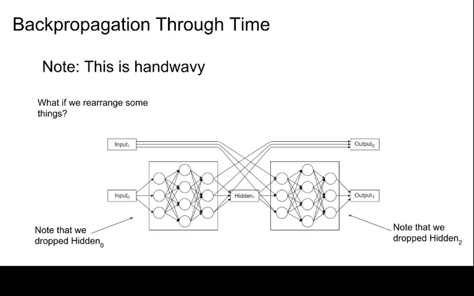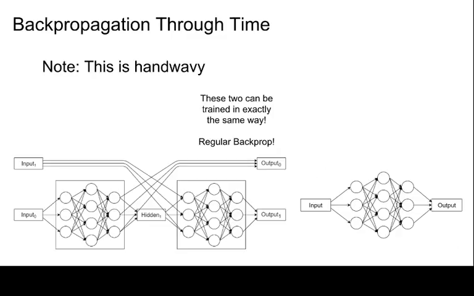So this is almost exactly like a feedforward neural network, but we're backpropagating through some weird connections as opposed to a fully connected layer. That's the idea for backpropagation through time. You're doing regular backprop. You're not doing anything different in terms of the algorithm, but the idea is that you're going to be unrolling this network.